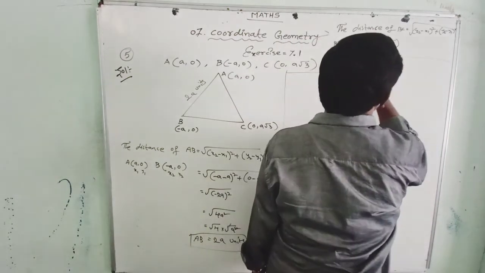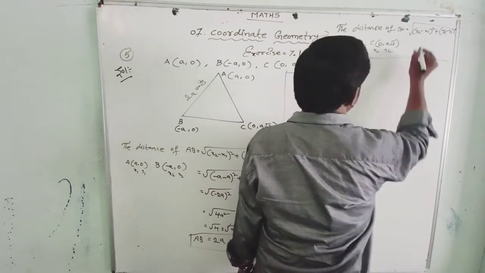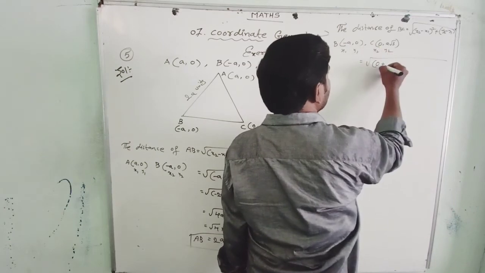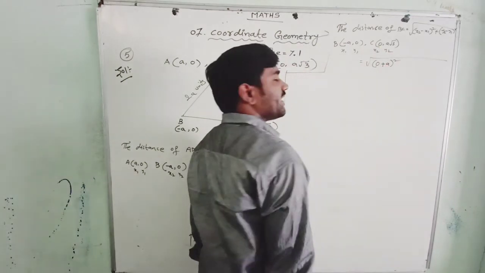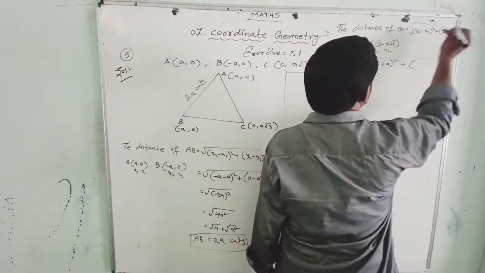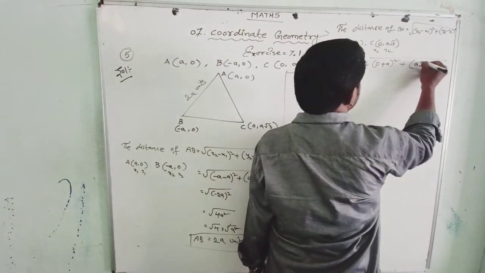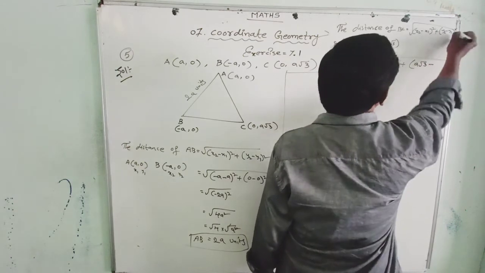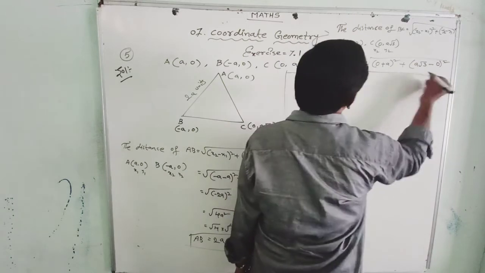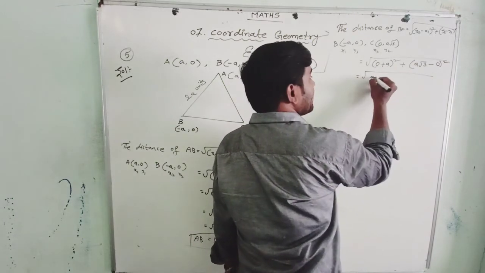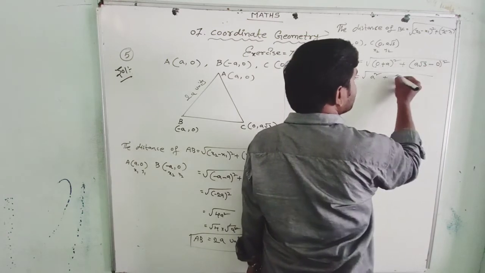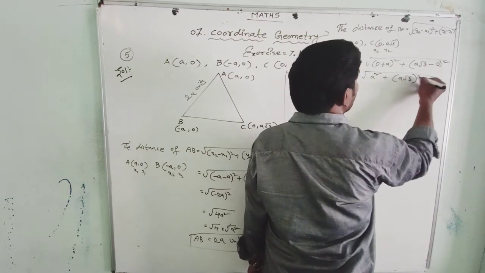Let us substitute the values. x2 that is 0 minus x1 that is minus a, so minus of minus is plus a, whole square, plus y2 is a root 3 minus y1 is 0, whole square.